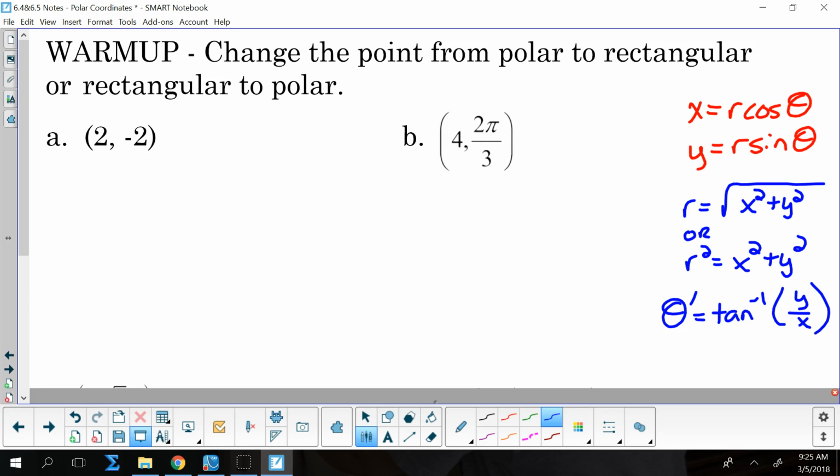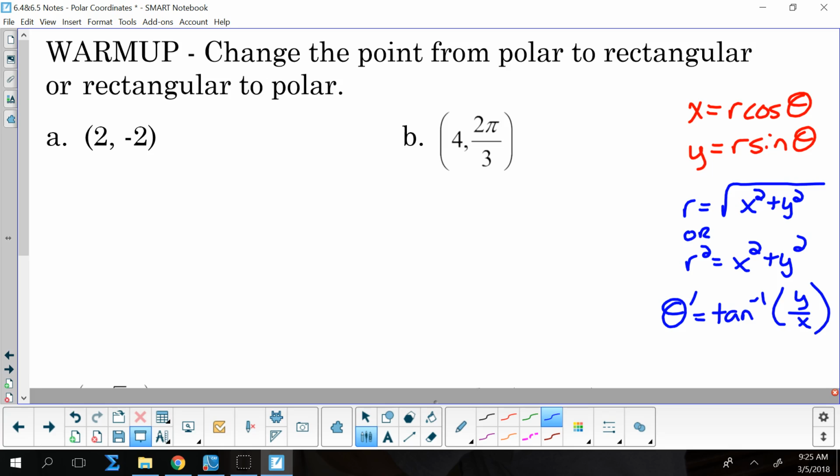Is that rectangular to polar or is that polar to rectangular? Rectangular to polar. So that means, am I going to use blue or red? Because the blue ones go from rectangular to polar, right? And the red ones go from polar to rectangular.